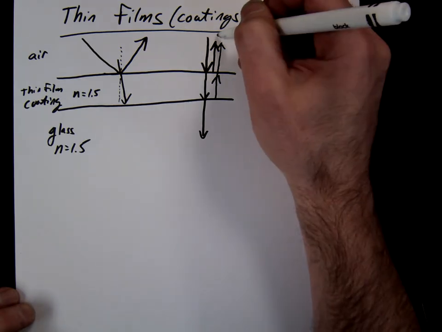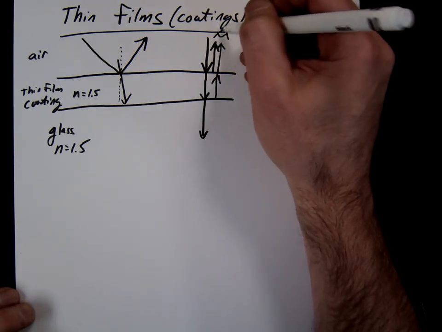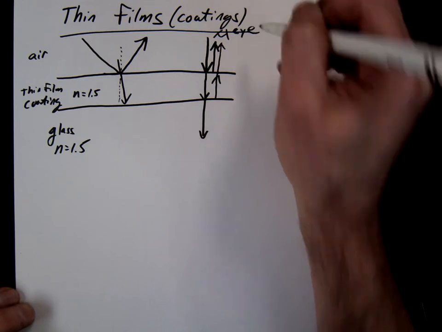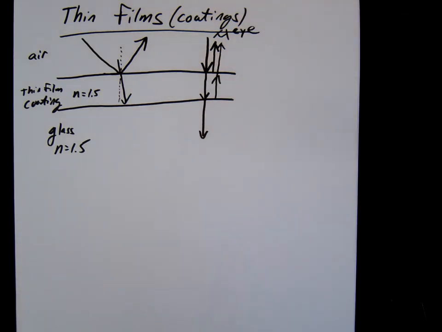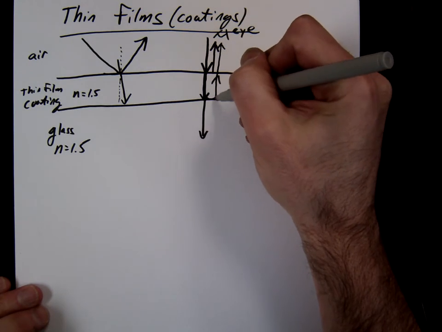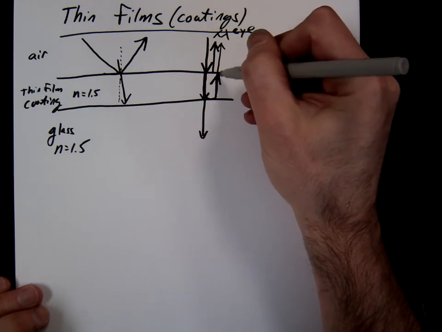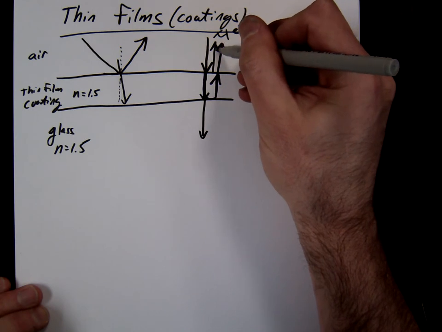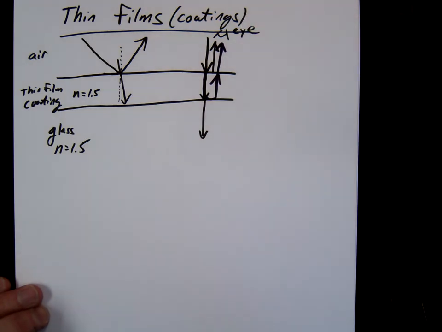Okay? And so let's say we were looking at these two beams of light. Let's say this is my eye here. Maybe I'll do different colors. The first one is black, the second one will be purple. It doesn't really look purple.